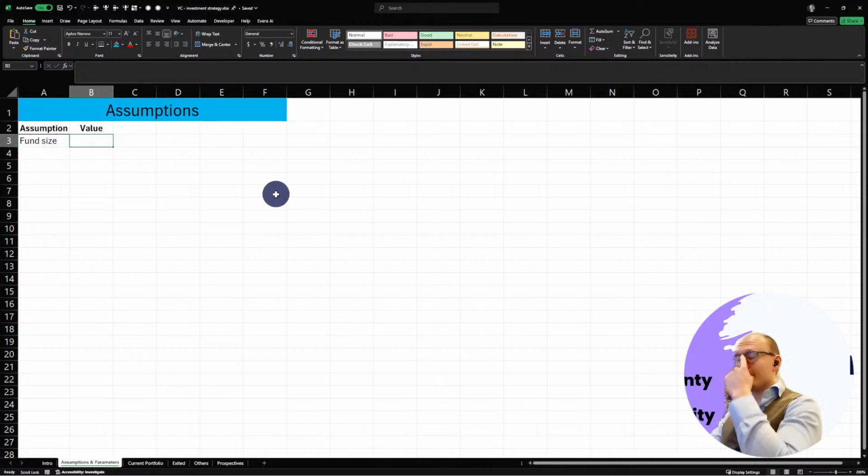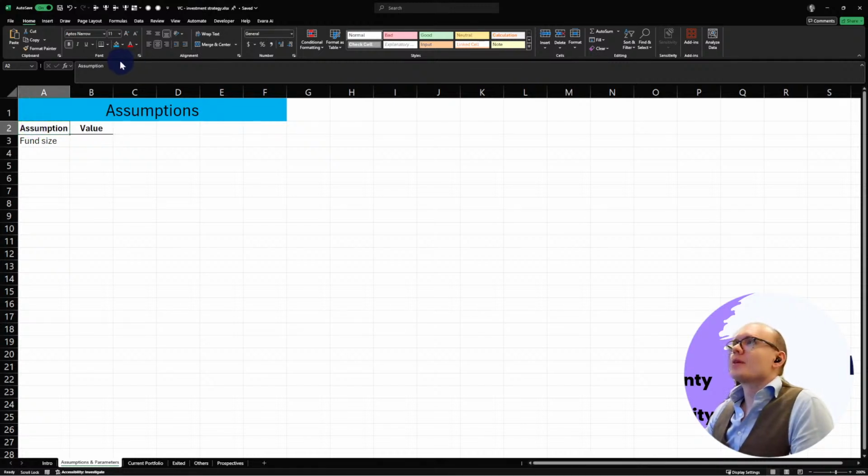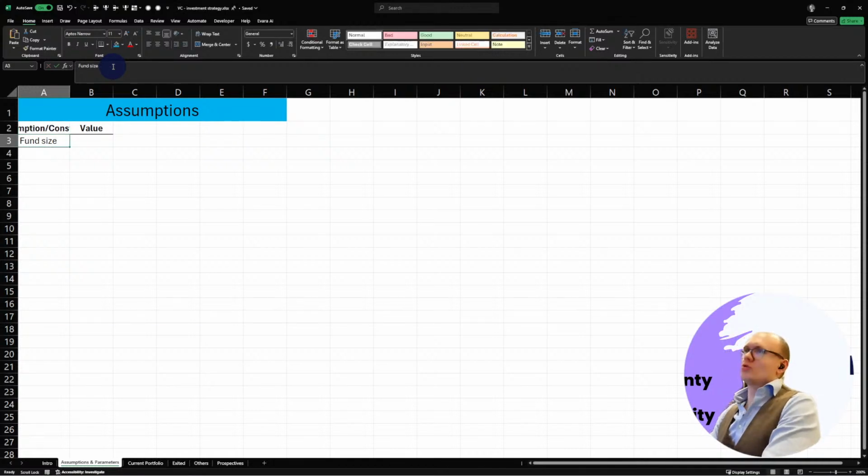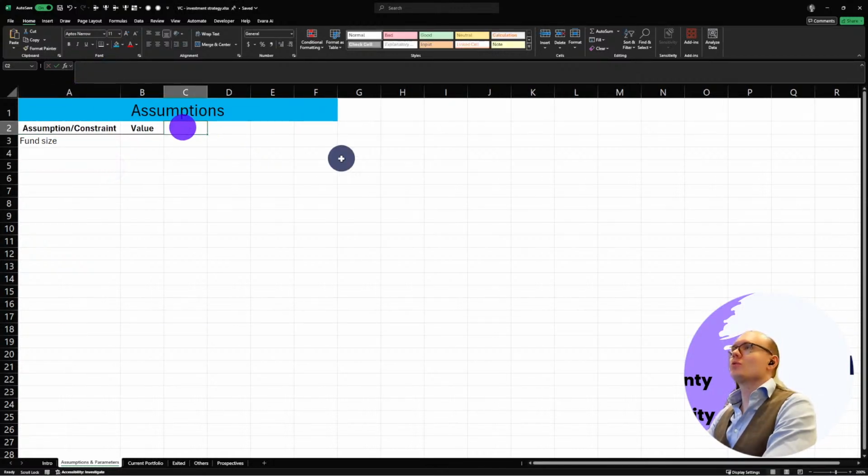Now here, this is what one might typically do as we start to add assumptions or constraints. Okay. So we'll give this an assumption slash constraint, because it will be a constraint, of course. And we will then here use it and ask if it is an assumption or if it is a constraint.